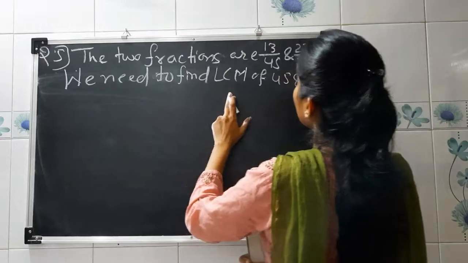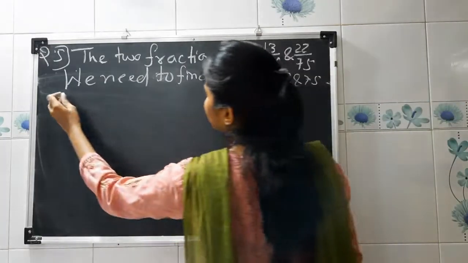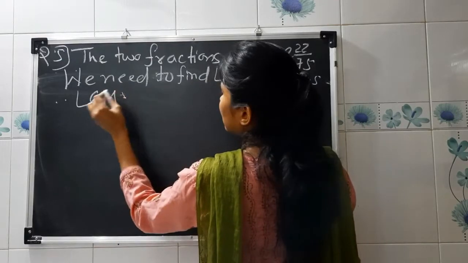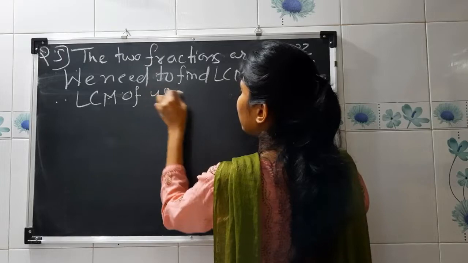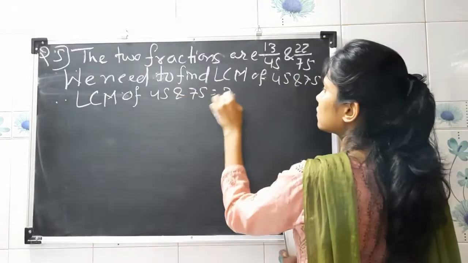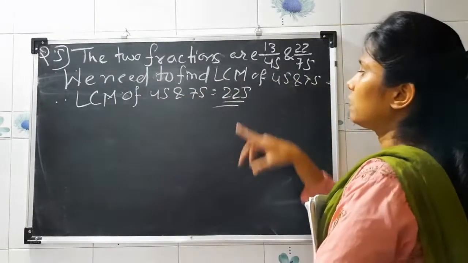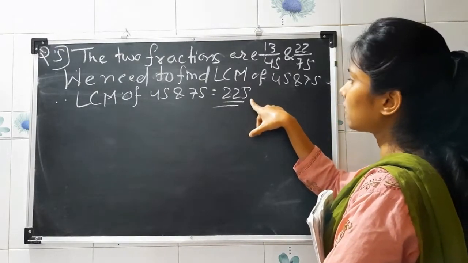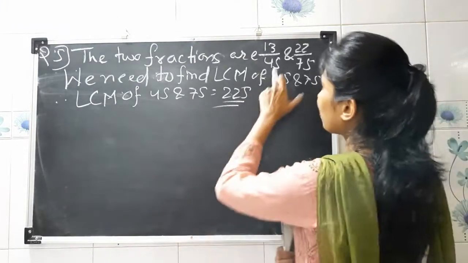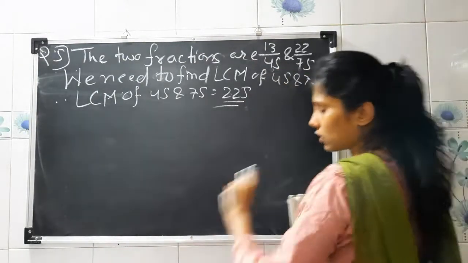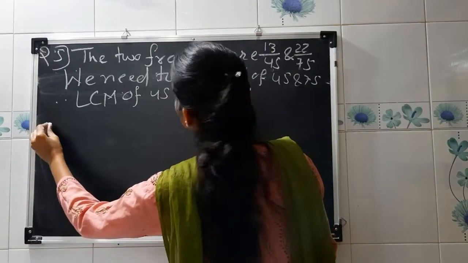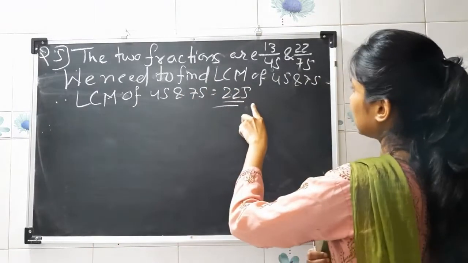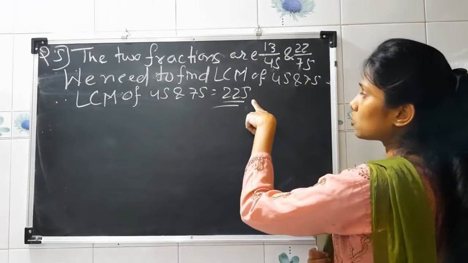After finding it, we got the LCM of 45 and 75 is 225. So first we need to convert this denominator into 225. We have to make both of their denominators 225. So therefore now 45, how many are 225?